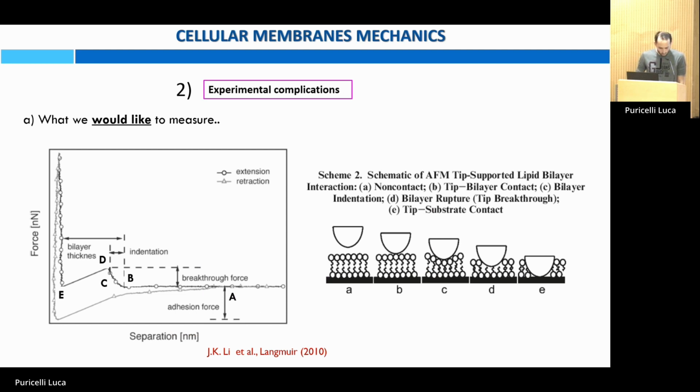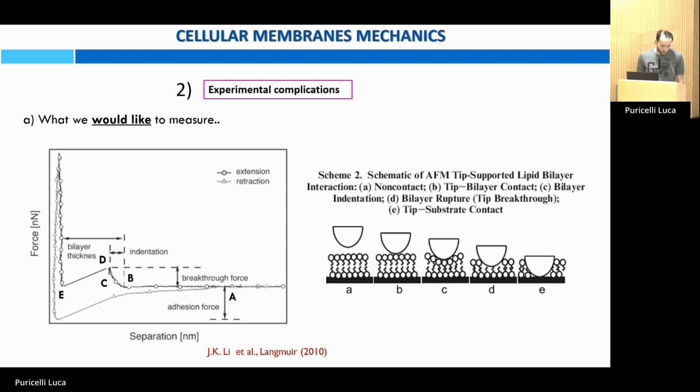What we would like to measure is a curve like this, where you see a flat region when the probe is not in contact with the sample, then an increase in the force applied to the tip when you deform it slightly, then a sudden drop when you go into the rupture of the membrane, and then a straight vertical line when you get in contact with the substrate.